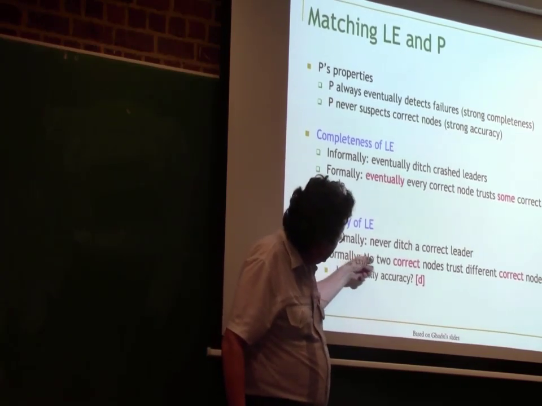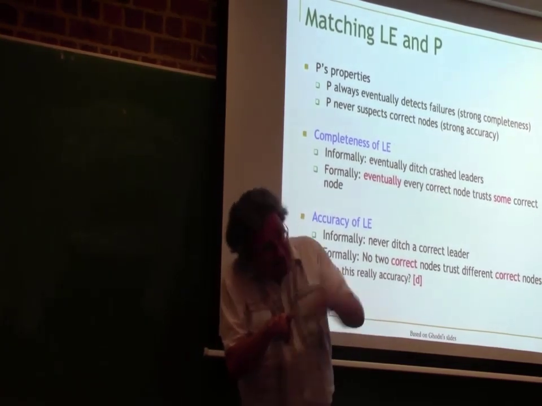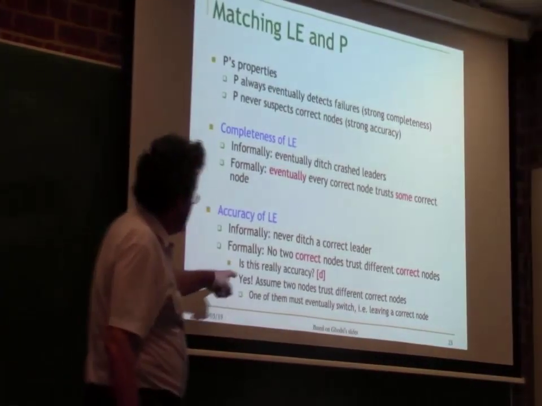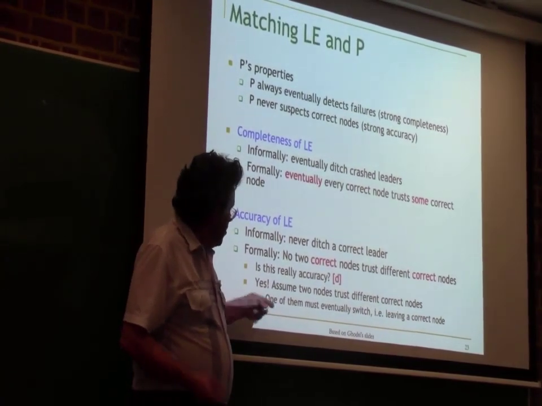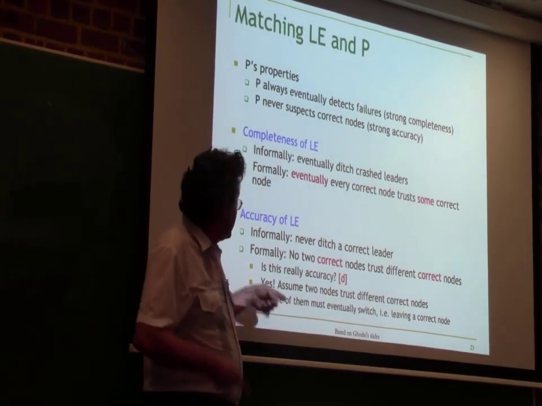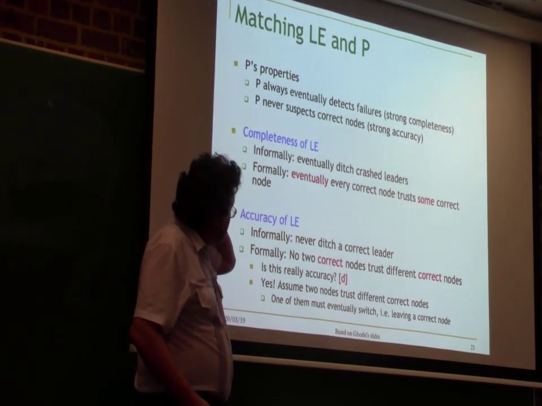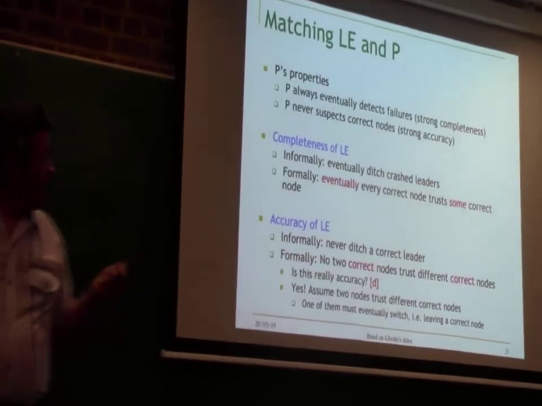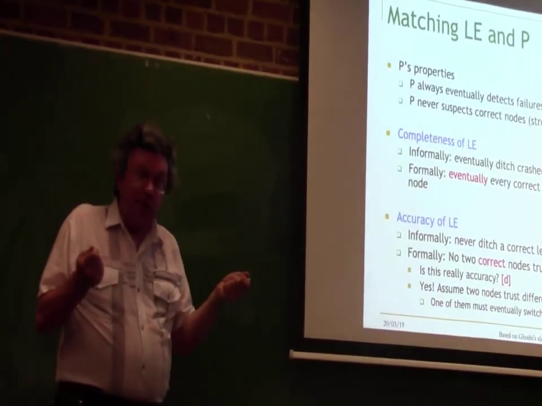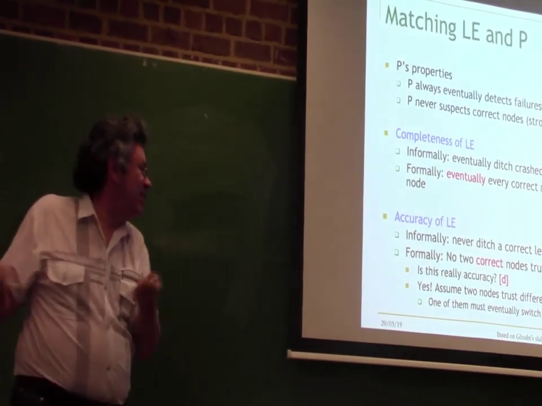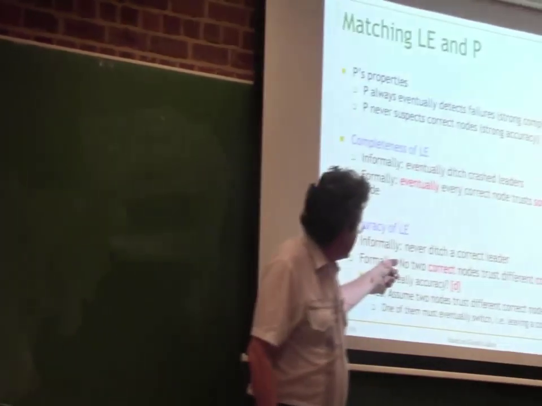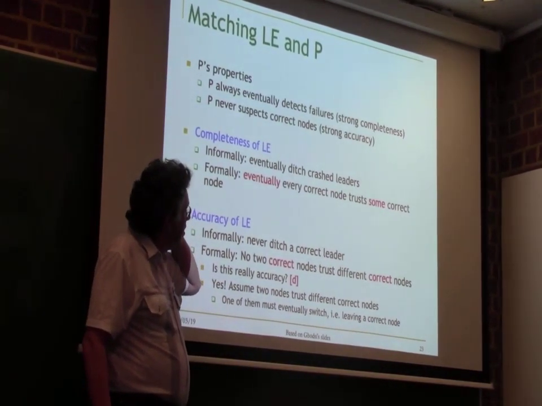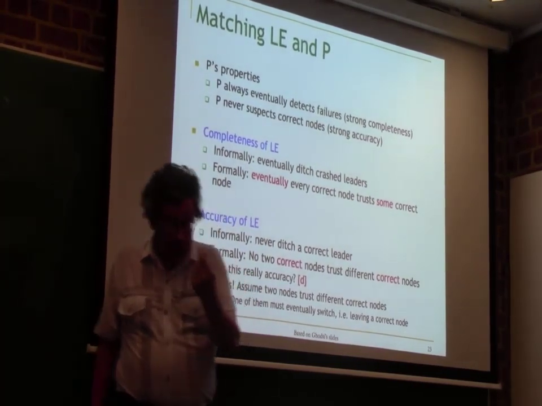Because if they trusted different nodes, then one of them has to move, because they have to go to the same node. So the way to say that everybody is the same is to say that no two correct nodes trust different correct nodes. This is the way you can say it in the specification, because if they did, it would be a mistake and it would not be accurate.